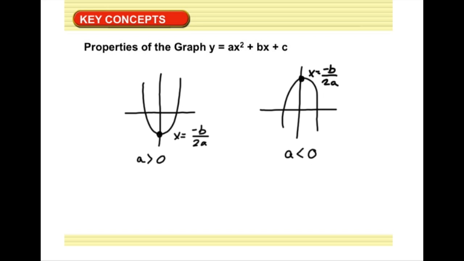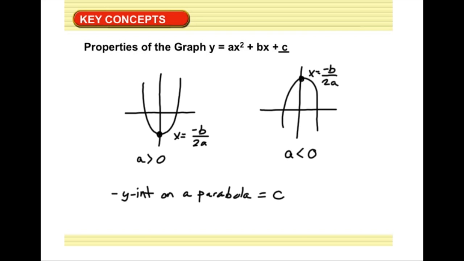And that's really helpful because if you're looking for the coordinate point of your vertex, once you have the x value, you can use your function, substitute it in, and solve for the y value. One other thing that's interesting is that the y-intercept on a parabola is represented by the value c in your equation. This c right there. Right?